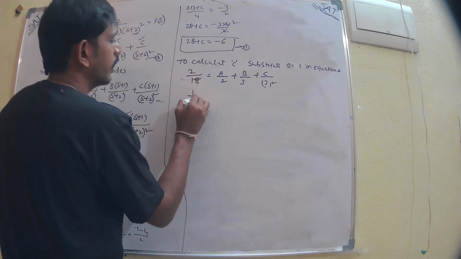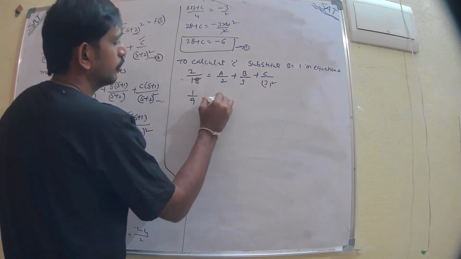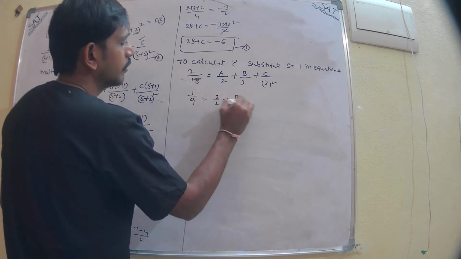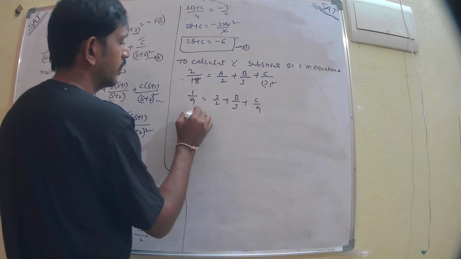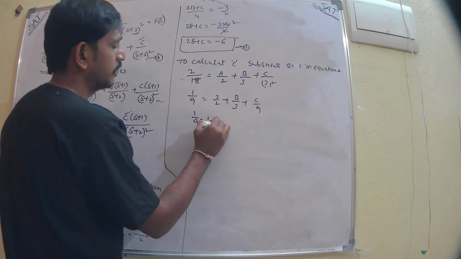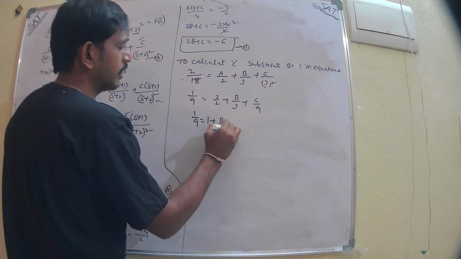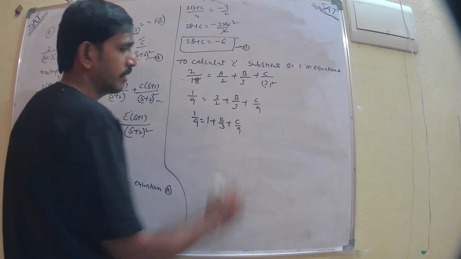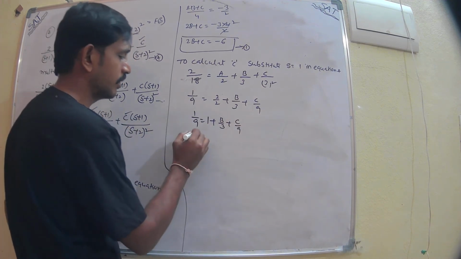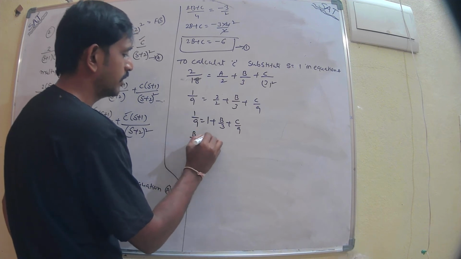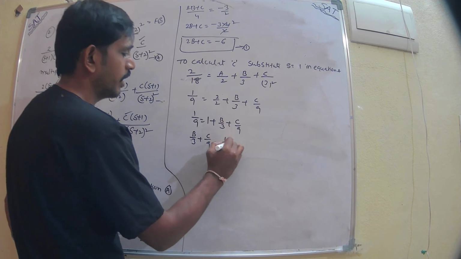So 2 by 9, A is 2, 2 by 2 plus B by 3 plus C by 9, that is 1 plus B by 3 plus C by 9. Bring plus 1 this side, it becomes minus 1. So B by 3 plus C by 9 is 1 by 9 minus 1.